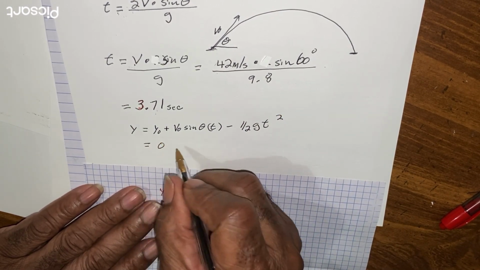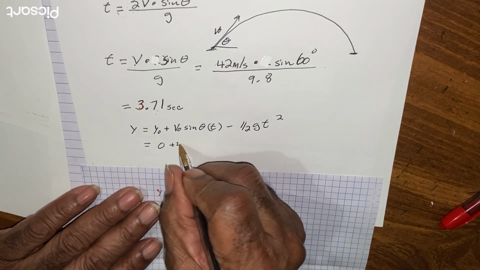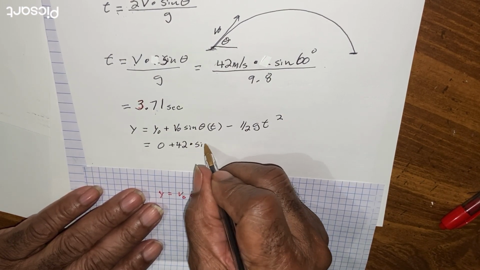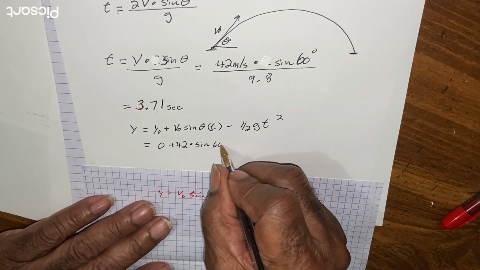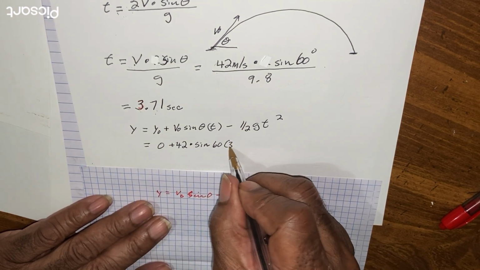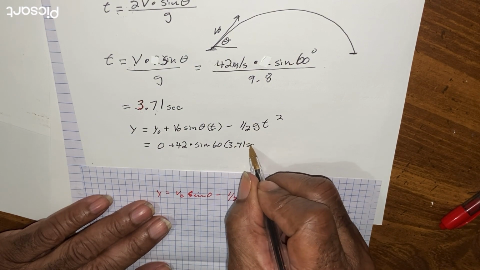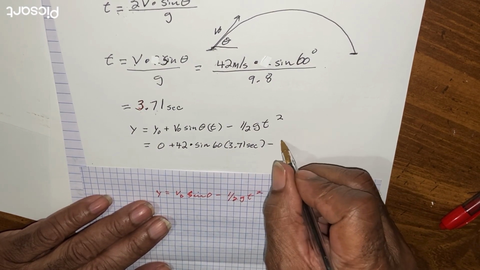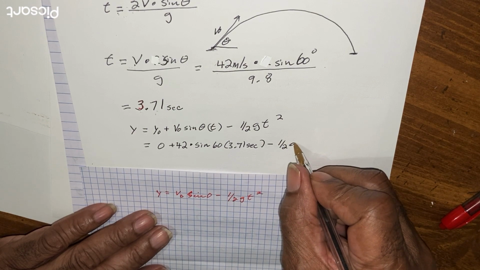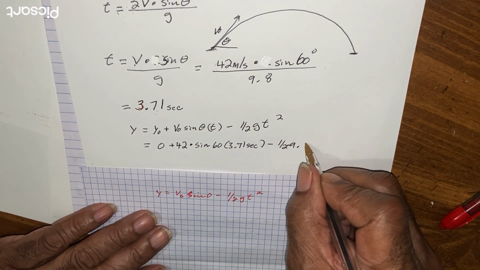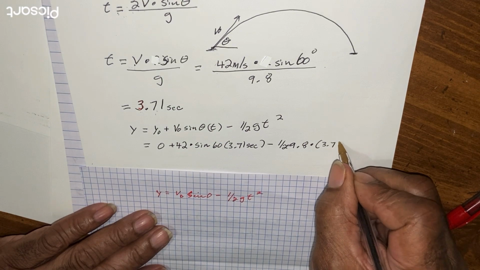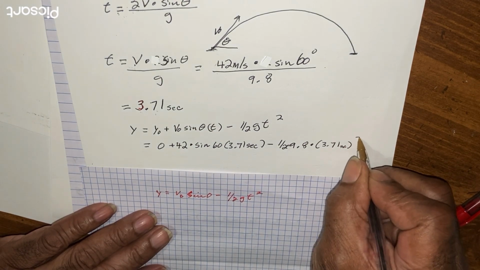Y sub o is 0, plus 42 meters per second times the sine of 60 degrees times our time to get to the midpoint, 3.71 seconds, minus 1/2 times 9.8 times 3.71 seconds squared.